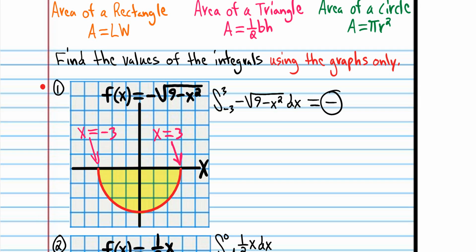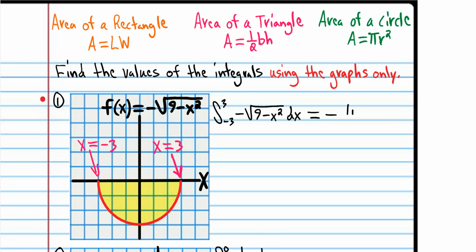So I'm going to go ahead and put my negative symbol there. And to do this, we can find the area of the circle using that green formula up there, but we have to divide by 2 because it's a semicircle. So we have negative 9 pi over 2. So that's the area.